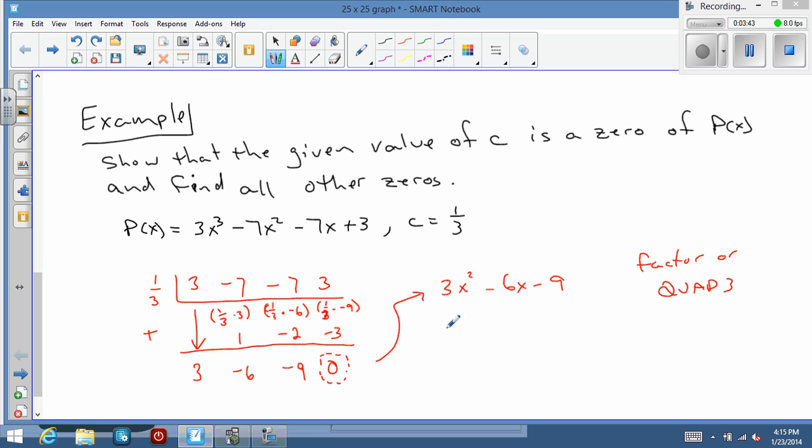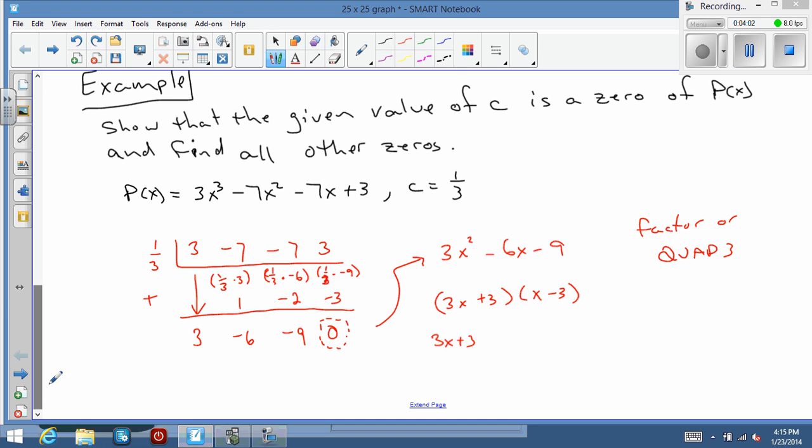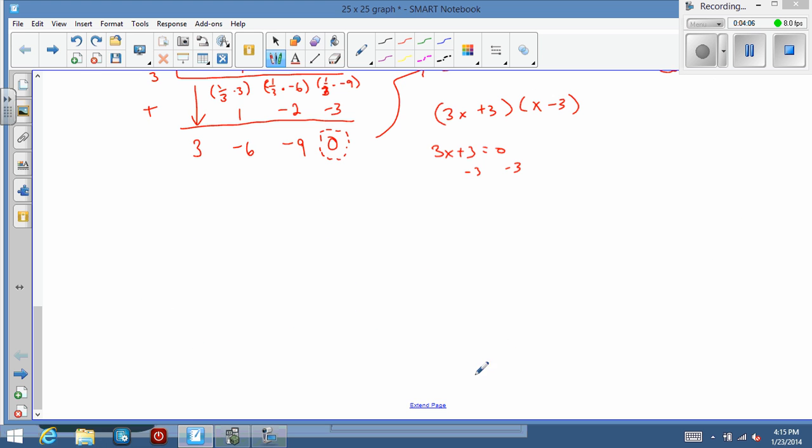If we factor this, we will get 3x plus 3 and x minus 3. If we set each factor equal to 0, we will find the remaining zeros. So 3x plus 3 equals 0. Subtract your 3.